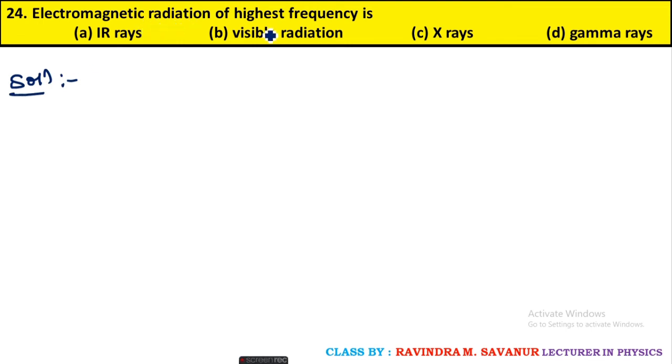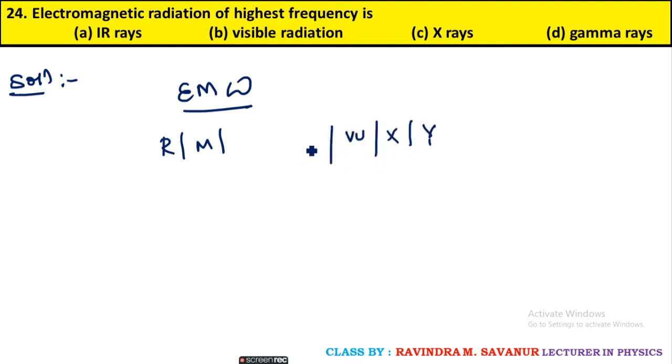The electromagnetic radiation of highest frequency. So in the electromagnetic wave spectrum, we start from radio, microwave, gamma, X-ray, UV, visible light, next IR, next belongs to microwave and radio waves.